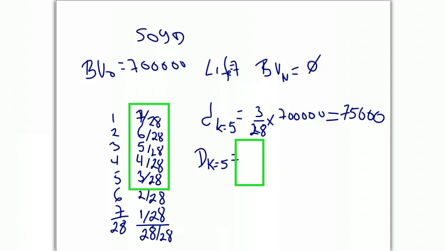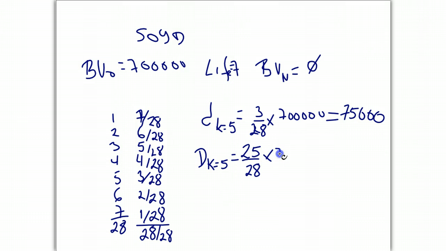If we add all that, that's 13, 18, 22, 25, and the cumulative depreciation would be 25 out of 28 parts times 700,000, and this result is 625,000.